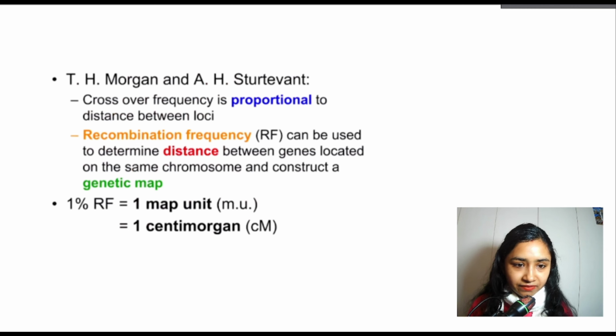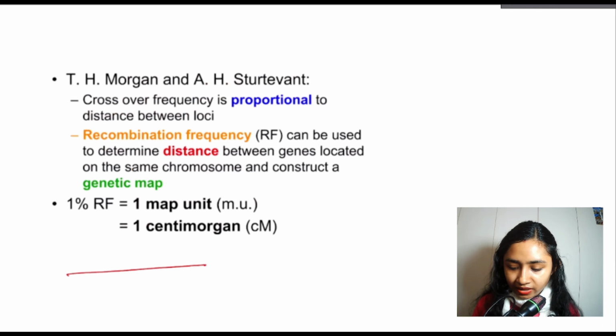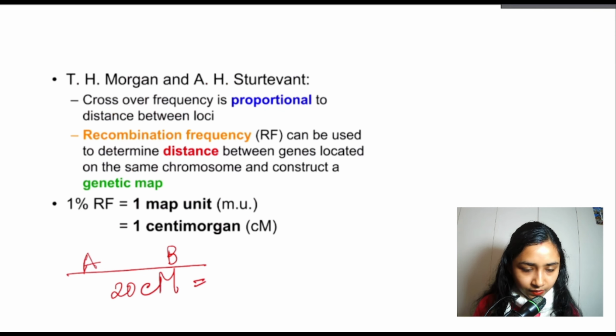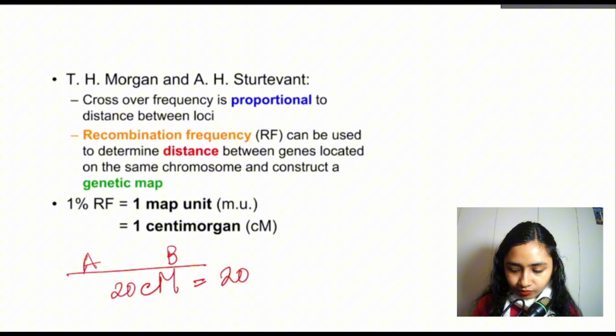So crossover frequency is proportional to the distance between loci. It's a very important thing that you know that crossover frequency or recombination frequency is equal to the distance between two genes. If I say the distance between gene A and B is 20 centimorgan, that means the recombination frequency between gene A and B is 20%.